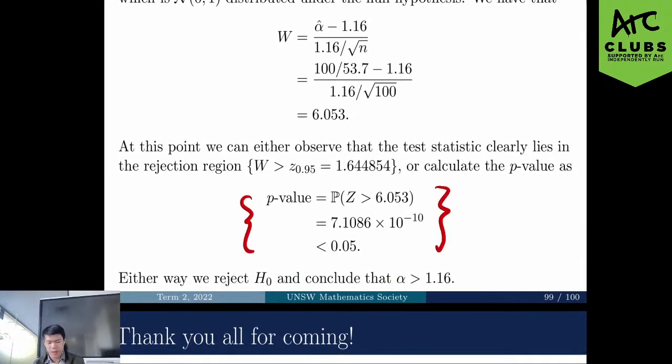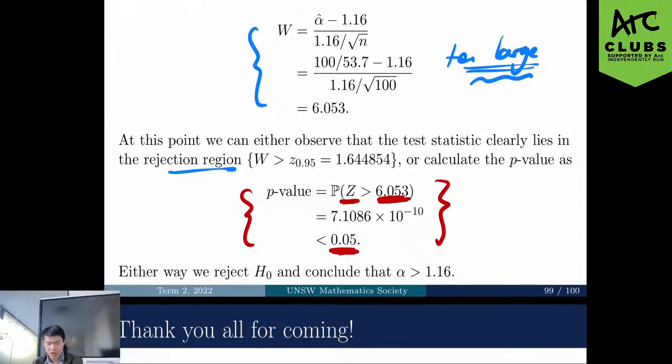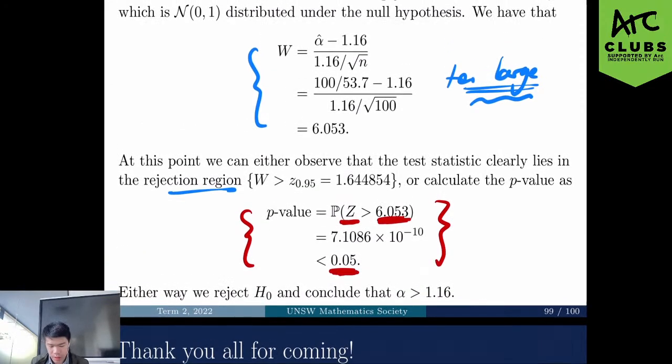Either way, we reject, because W is just too large and lies in the rejection region. Just to reiterate, the p-value is the probability of getting a normal random variable greater than what we observed, which we can calculate using R, but basically it's less than 0.05. Either way, we reject H0, and we conclude that alpha is greater than 1.16.